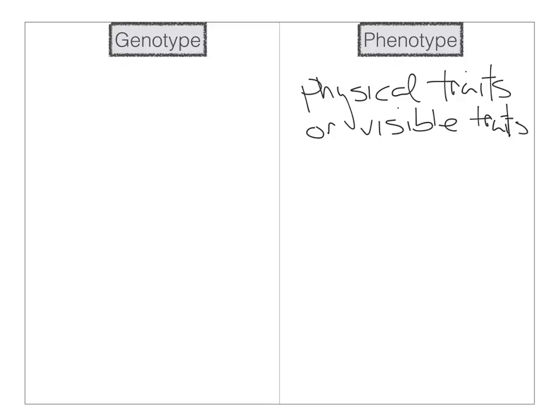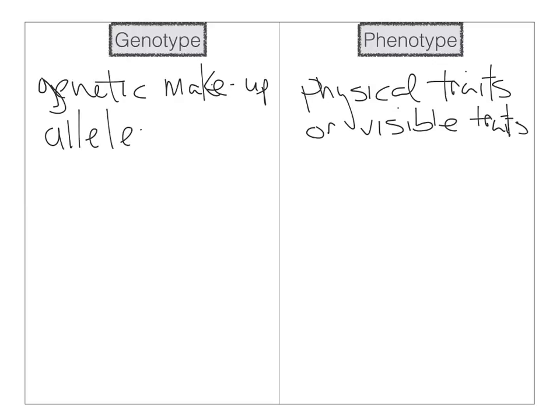So as opposed to what we call the genotype, and the genotype is the genetic makeup. This is the alleles. Okay.